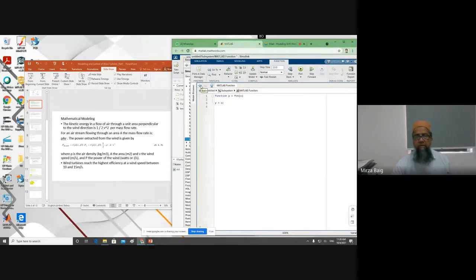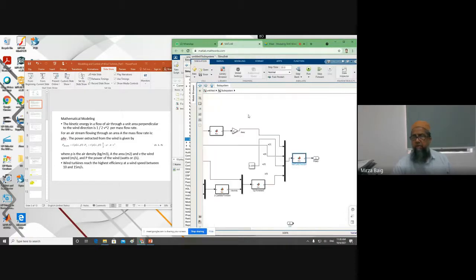We have all multiplication. First one is area. Second one is, let's see, this is 3.